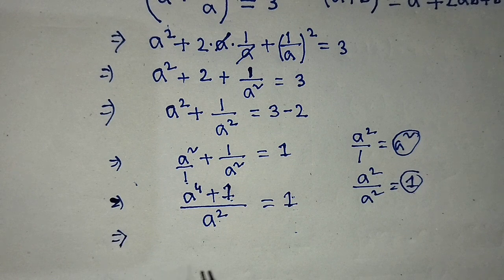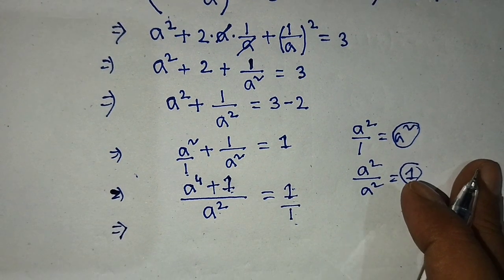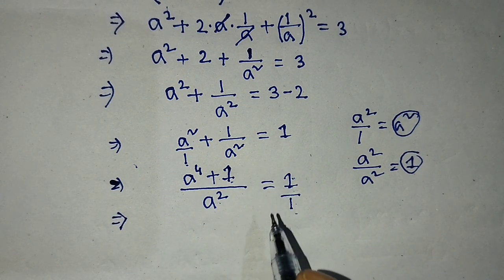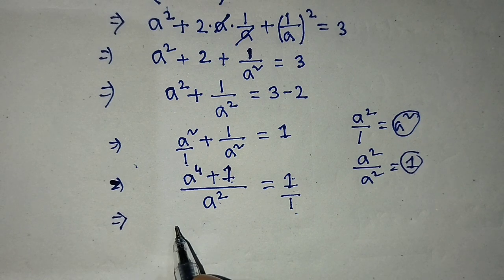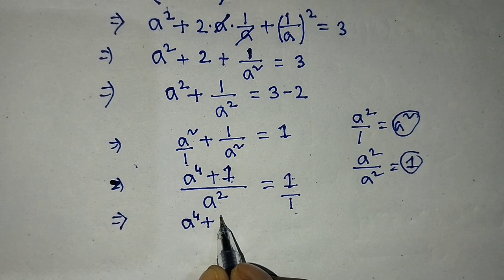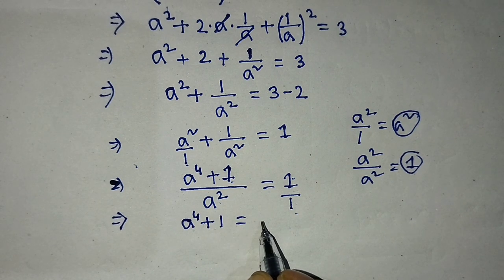After that we apply the cross multiplication rule. After applying the cross multiplication rule on this equation, we can write on the left hand side a to the power 4 plus 1 is equal to a square.